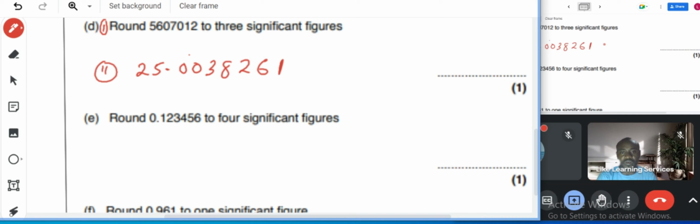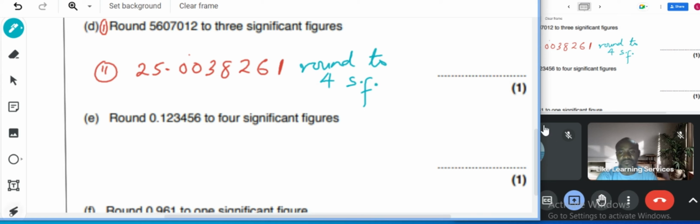Round to 4 significant figures. We normally use significant figures as SF.